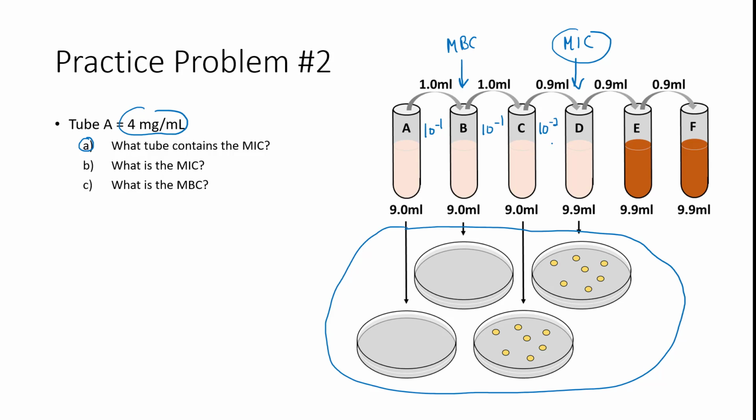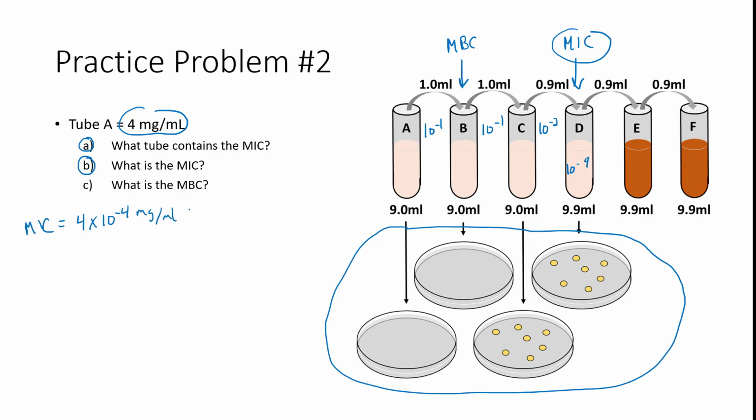So the total dilution factor in tube D is 1, 2, 3, 4, 10 to the minus 4. And so the MIC would be 4 times 10 to the minus 4 mg per mL.